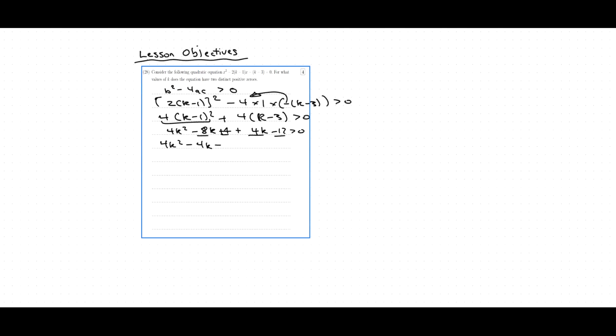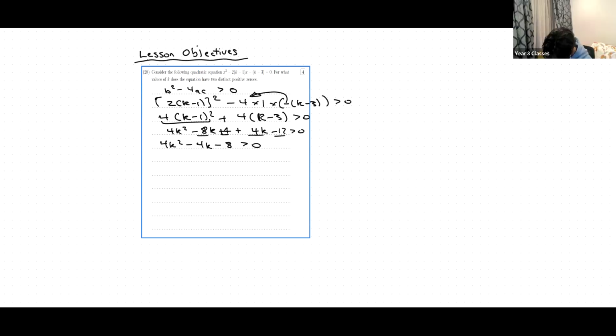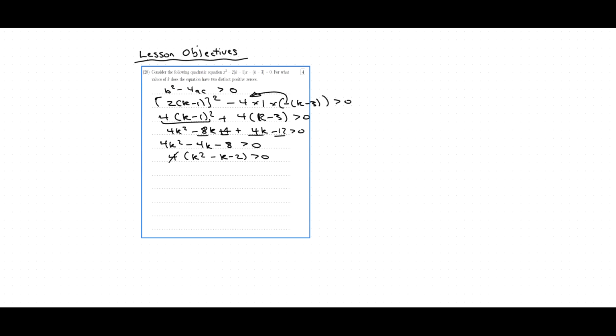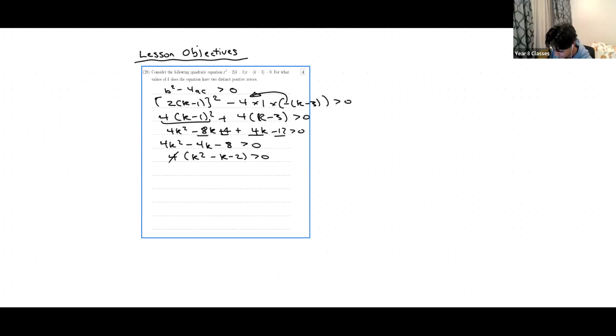Right, we get to the same point. From here, you just divide the 4 out. Then factorizing, you get (k plus 1)(k minus 2) greater than 0. So k minus 2 greater than 0 gives you k greater than 2, or k plus 1 greater than 0 gives you k greater than negative 1.